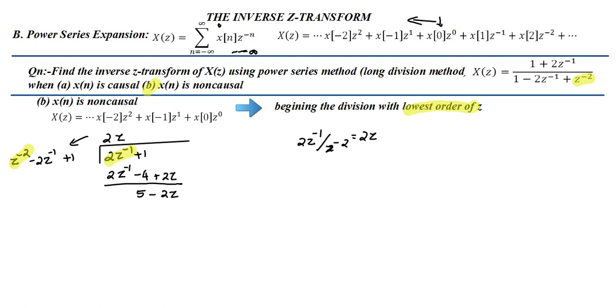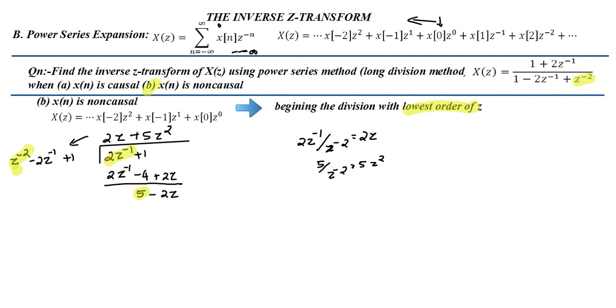Next we need to divide this 5 with this particular term, so I can write 5 divided by z raised to minus 2, so it becomes 5z square. So the next term will be 5z square.